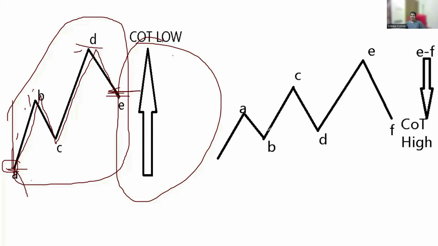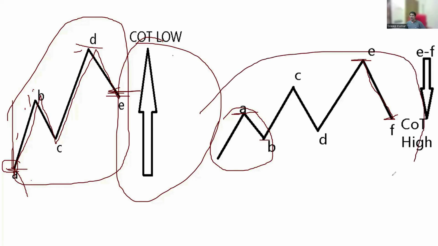So what is cart high? Now this is the highest point, E point is the highest point from the current price. This is the cart high. If you take this as an individual thing, from this point to this point is also a cart high. But since this is the total 5-minute candle, we are not taking this.